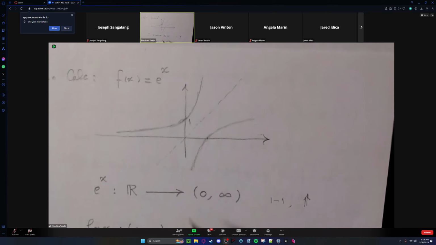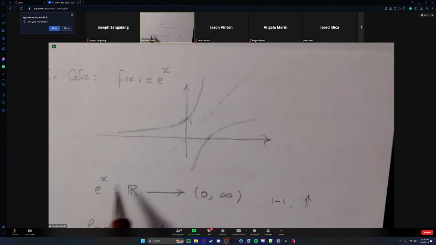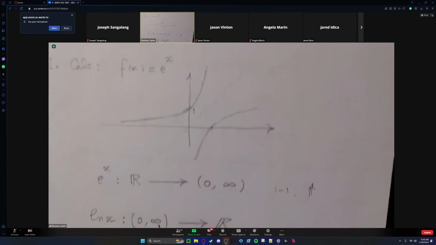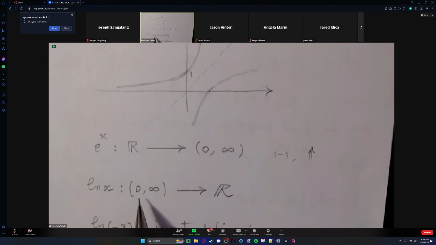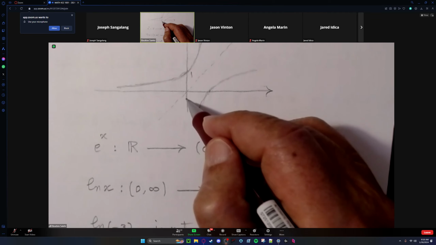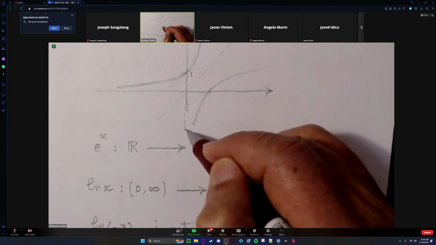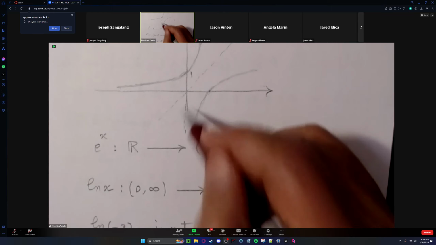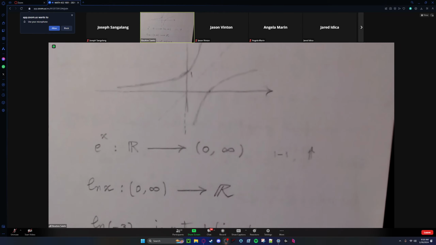Look at the behavior of log x. e to the x goes in this direction; log x goes the other way around. So here is log x. The domain is 0 to infinity. You cannot have log of 0. You cannot have log of a negative number in calculus.